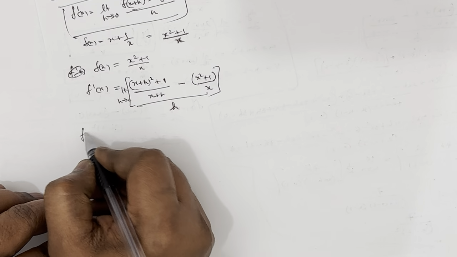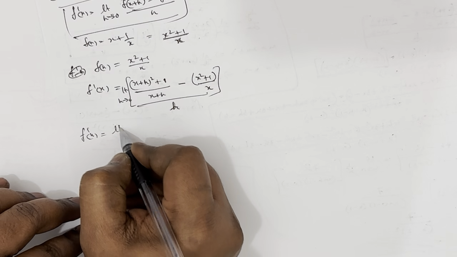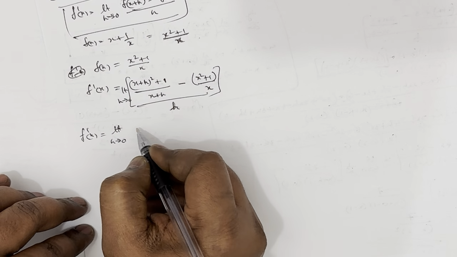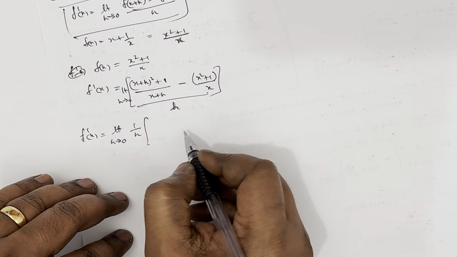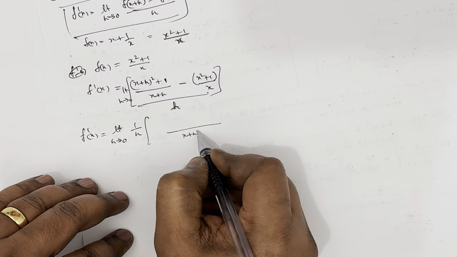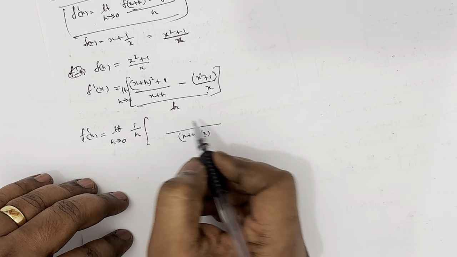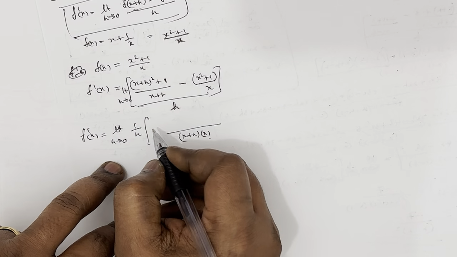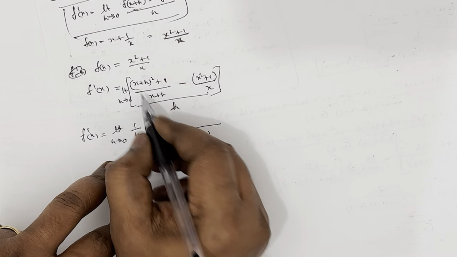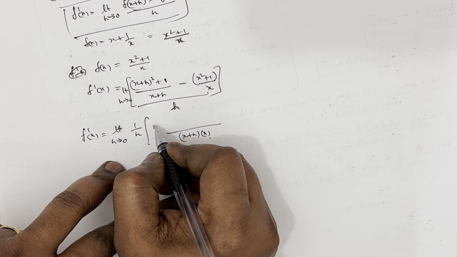So f dash of x is equal to limit h tends to 0, 1 upon h. Now if you take LCM of this, it will become x plus h multiplied by x. So this multiplied by x, let's expand this.